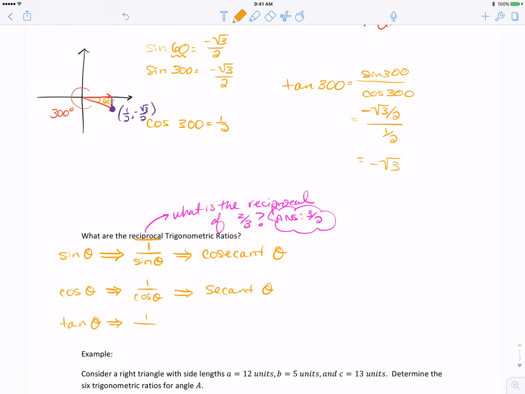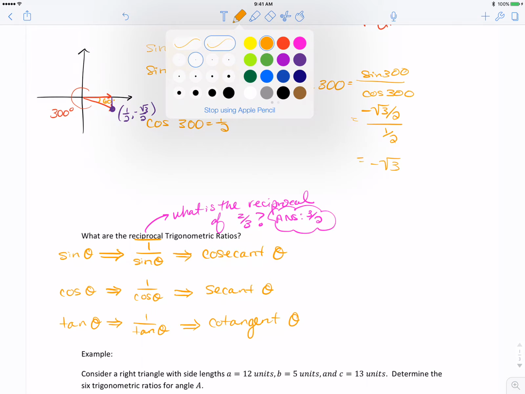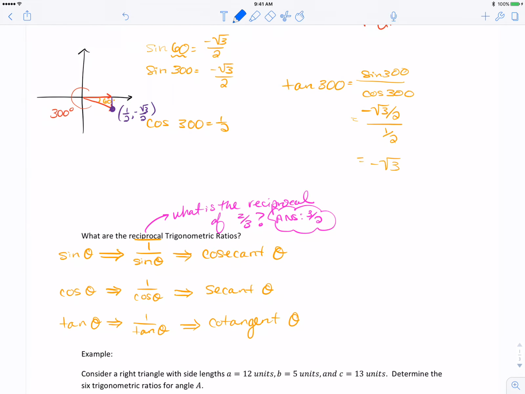The reciprocal of tangent, 1 over tan theta, is the cotangent of that same angle theta. Now instead of writing cotangent and secant and cosecant down all the time, we abbreviate it: CSC of theta, SEC of theta, and COT of theta.